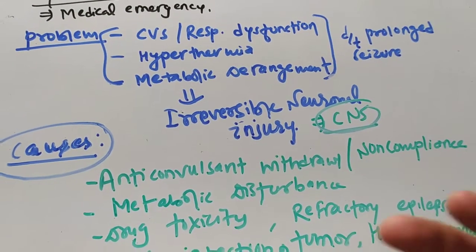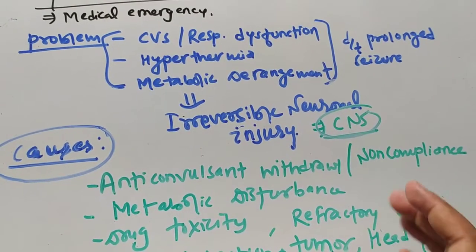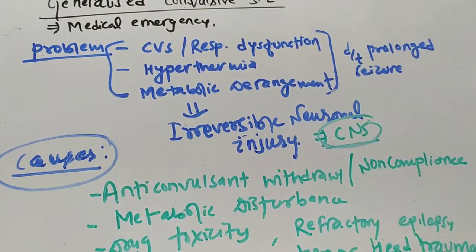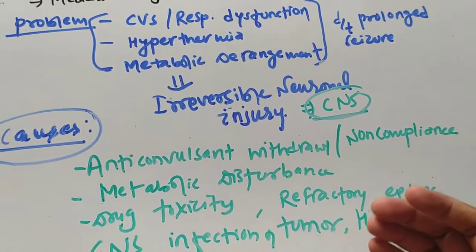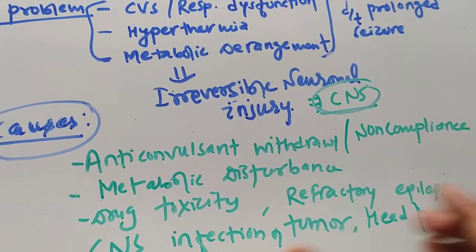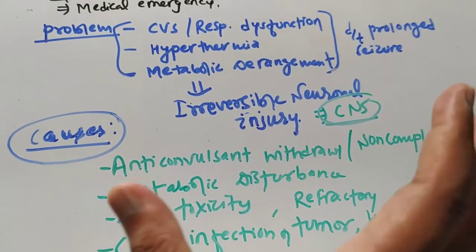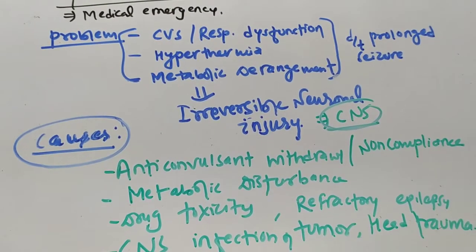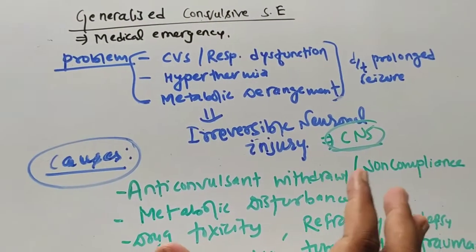Another thing, if there is drug toxicity, or if the epilepsy is refractory, meaning it is not treated by your usual dose of the drug or the drug is not working, then in that case you may have status epilepticus. Or if there is a CNS infection, tumor, or head trauma, they will decrease the threshold of the seizure, and you will have epileptic attacks most of the time, which will lead to status epilepticus. So these were the causes of status epilepticus.